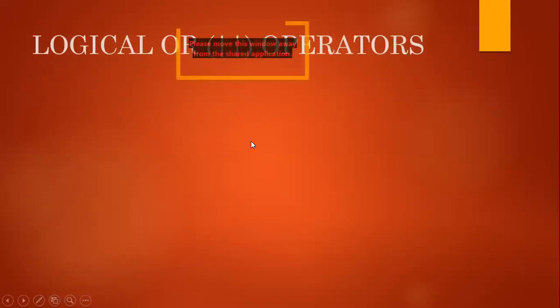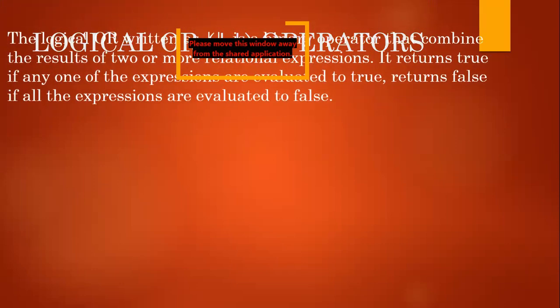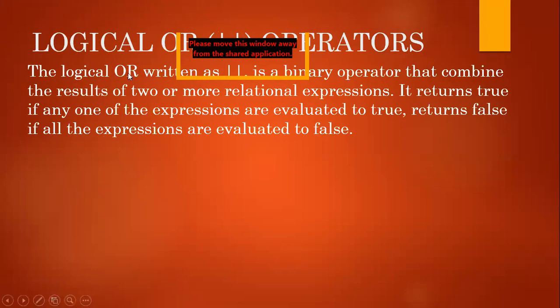Now we will talk about the logical OR operator. Okay, so how the logical OR works. The logical OR is written using two pipe signs. This is a symbol which is there on your keyboard, but we have rarely used it. In some keyboards it is above the enter key, in some keyboards it is somewhere else.